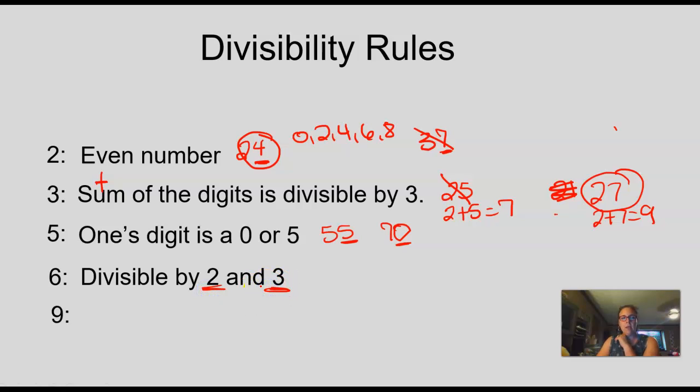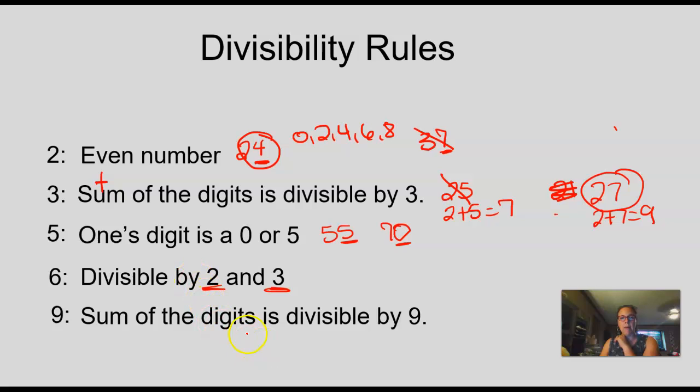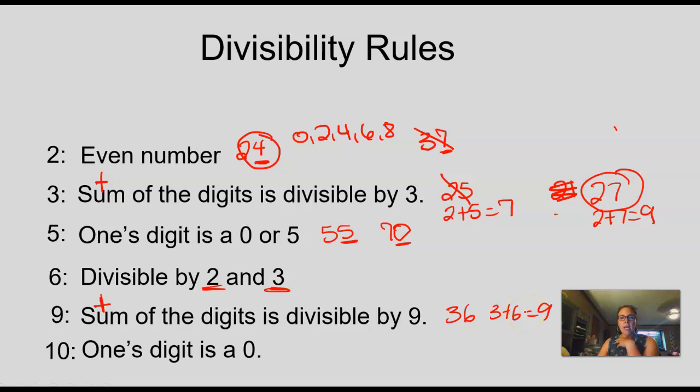Okay. 9, the sum of the digits is divisible by 9. So the same as number 3, it's just if it's divisible by 9. So 36, 3 plus 6 equals 9. 9 is divisible by itself, so that would work.